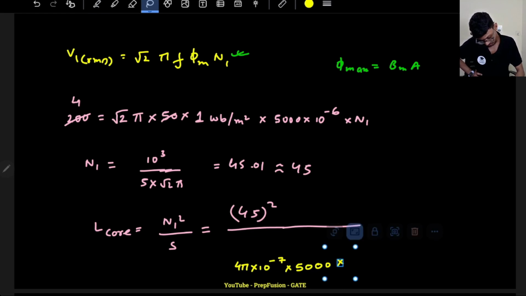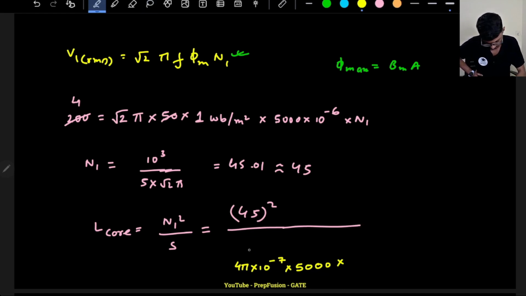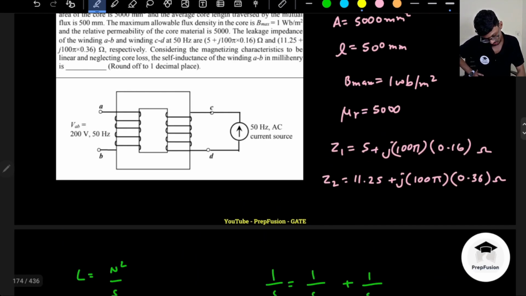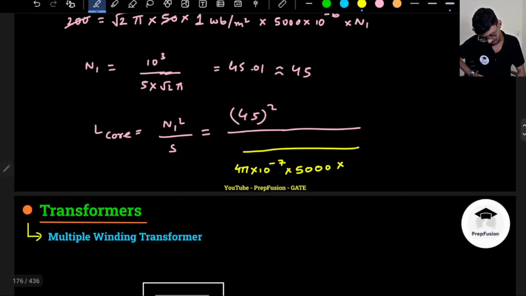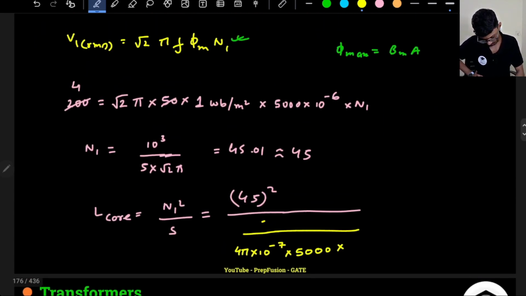L is how much? L is 500 milli. So it will be 500 into 10 raised to power minus 3 divided by A. A is 5000 in meter square, so it will be 10 raised to power minus 6.